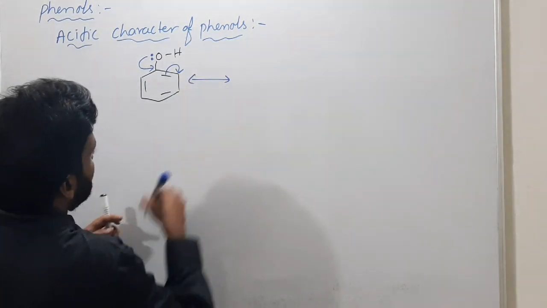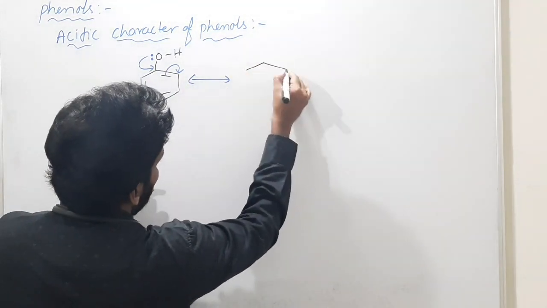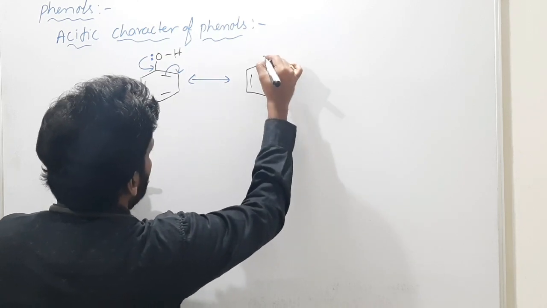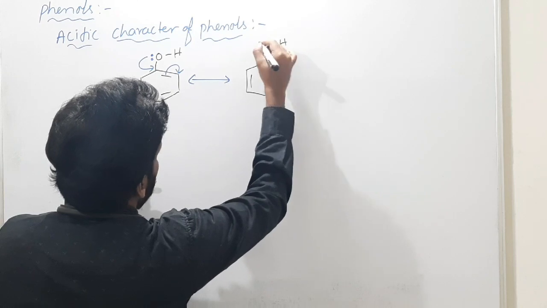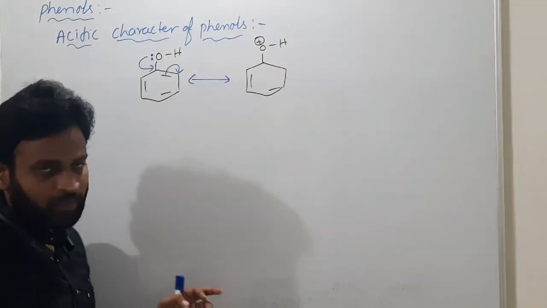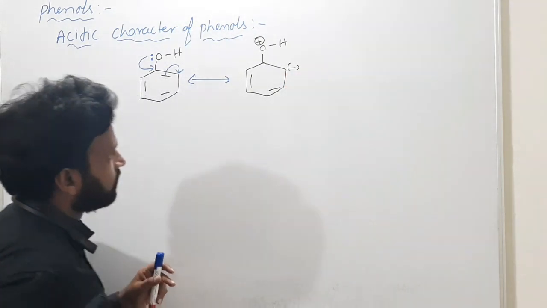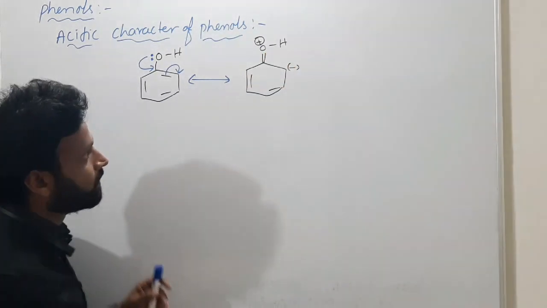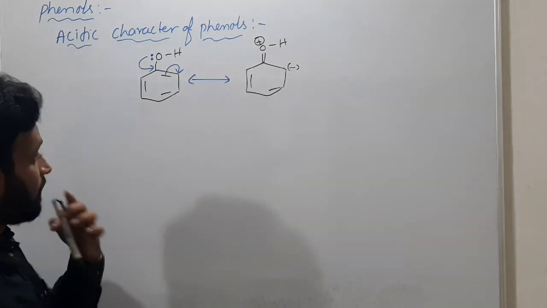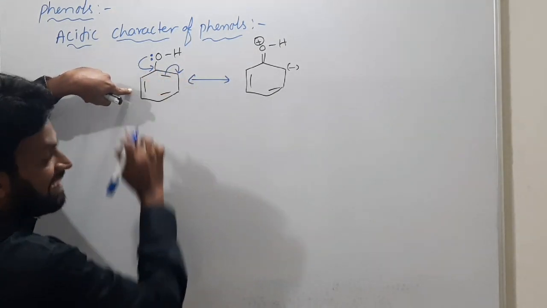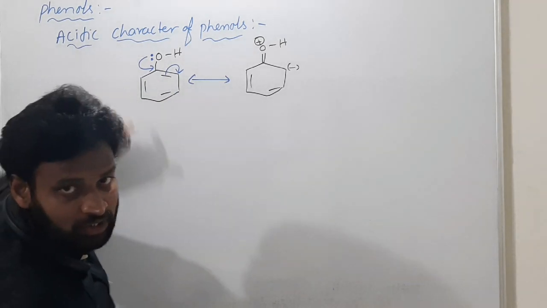So you have C6H5, OH with a positive charge, and a negative charge here, and a double bond here. Correct, sir? See, I told you many times, this benzene ring is an electron withdrawing group.